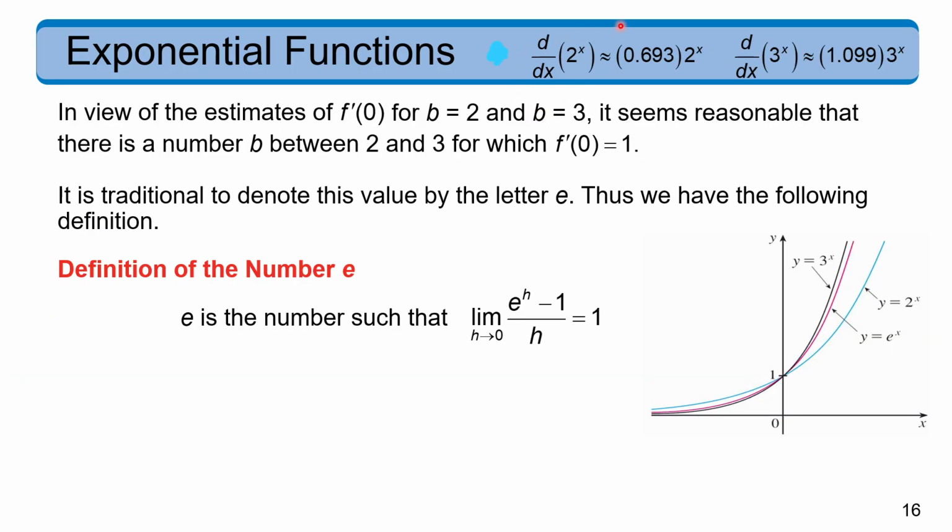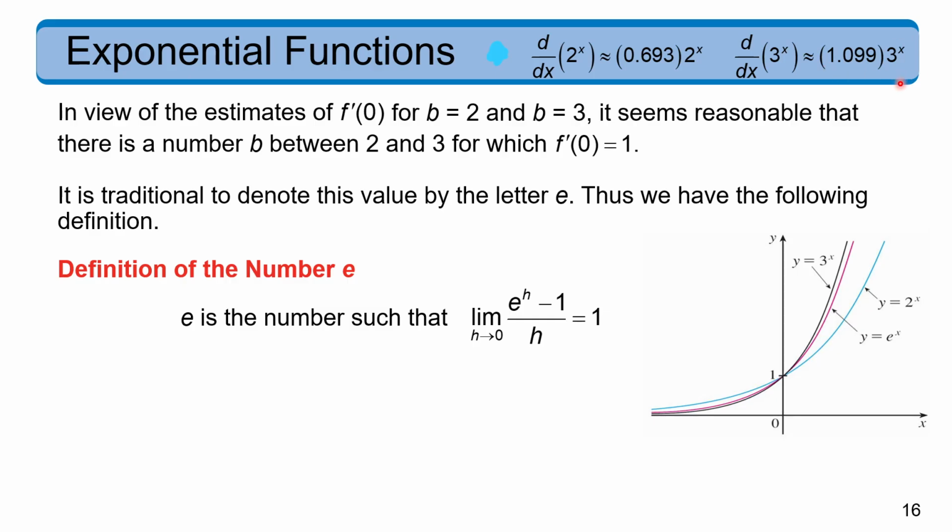We just found these formulas for the derivative of 2 to the x and the derivative of 3 to the x. So we saw that in all cases, if you have an exponential function b to the x, the derivative is always some constant times the original function, right? Over here, the same thing with 3 to the x, the derivative is some constant times 3 to the x.